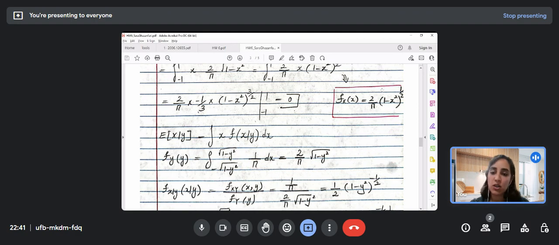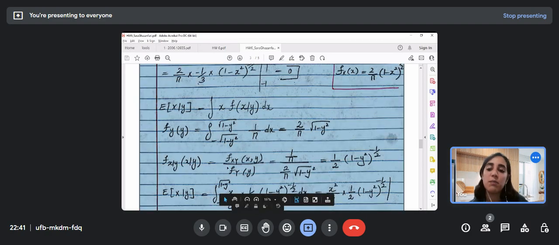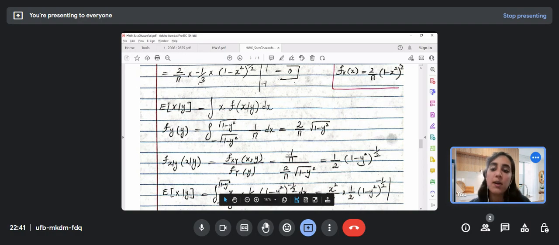Now let's go to the expected value of x given y. At first we should calculate the probability density function of x given y, and from Bayes' theorem we know that it is equal to the joint probability density function of x and y divided by the probability density function of y. We have the joint density function, and we have the marginal density function of y from the previous part, so we will get this.